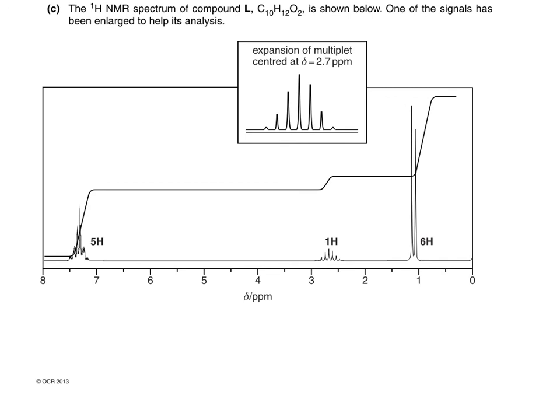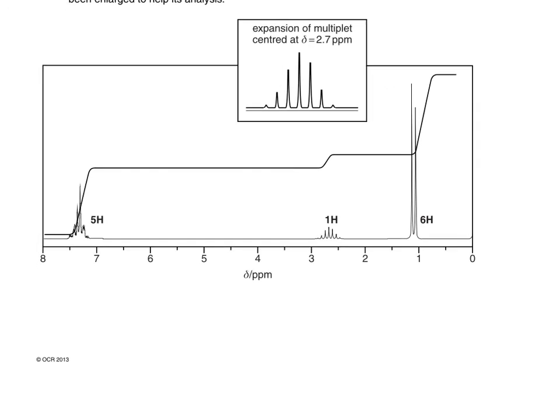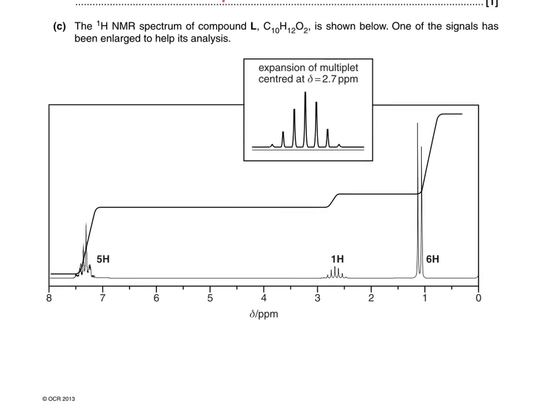So now we've got our compound and our NMR spectra, which we will be coming back to later. This is going to be a pain, not going to be able to look at this when I'm going through it.